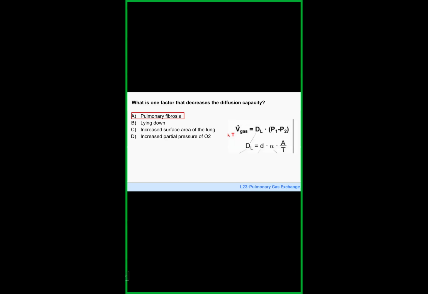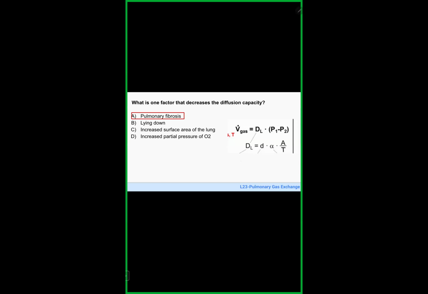There are a few things that I want to show you. So this is basically the diffusion limitation of a gas, that's DL, and there are different factors that affect the diffusion of the gas across the membrane. So P1 minus P2 explains the driving force of a gas. And in terms of the diffusion limitation, there is D, which stands for the diffusion coefficient, a factor that never changes.